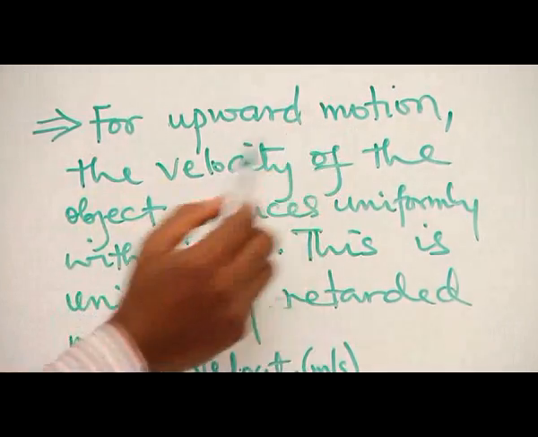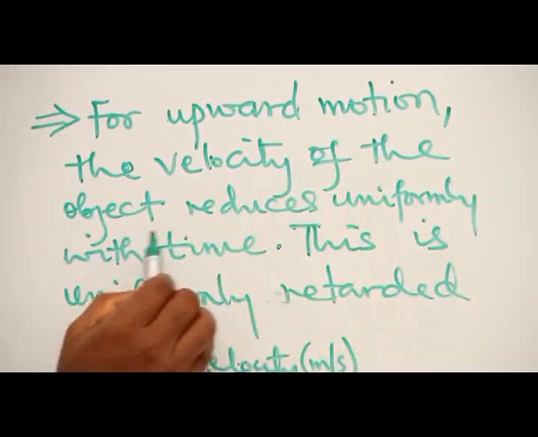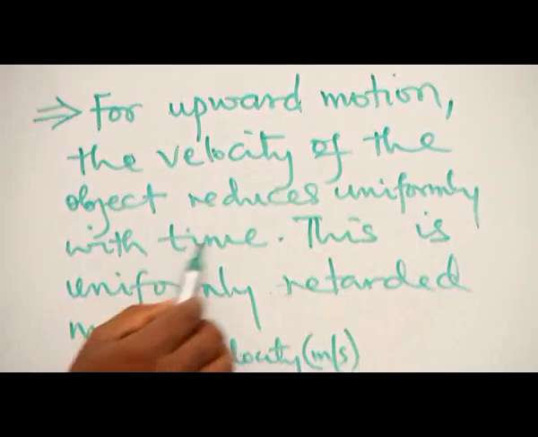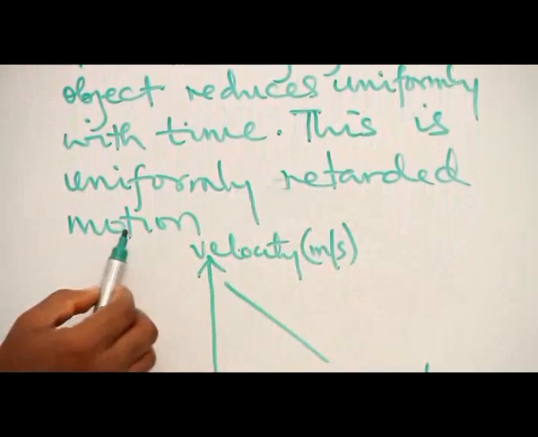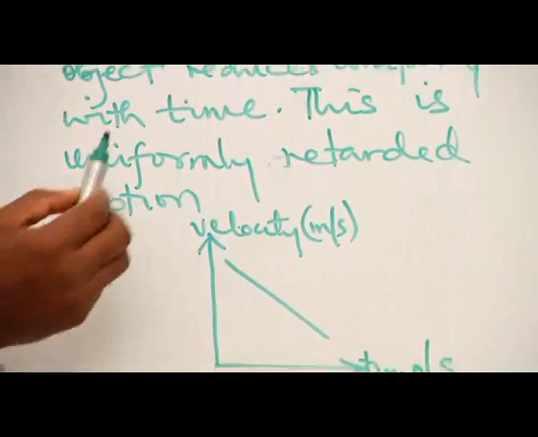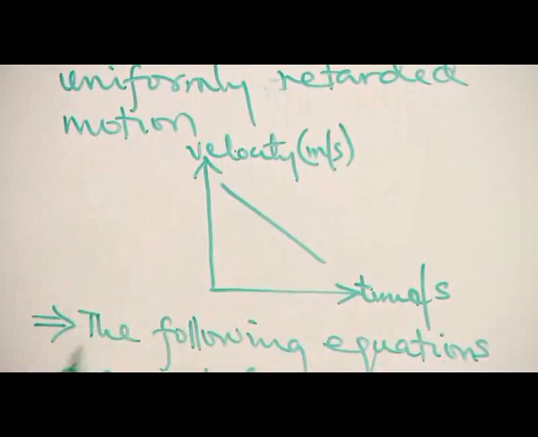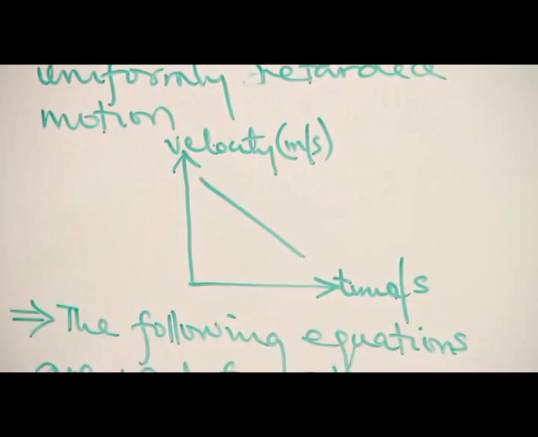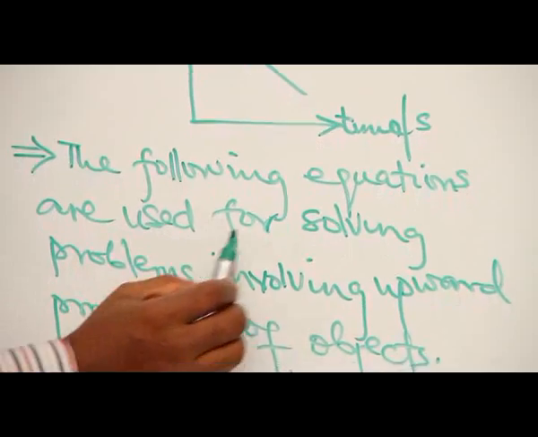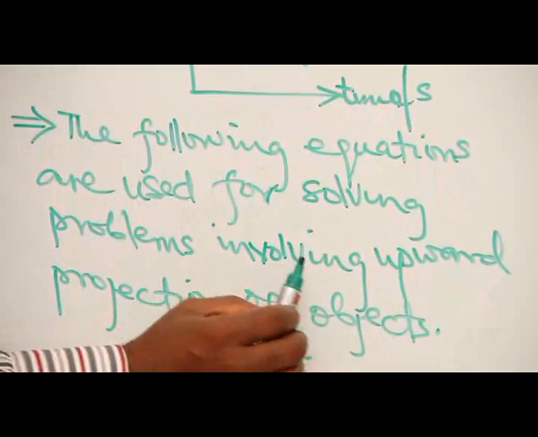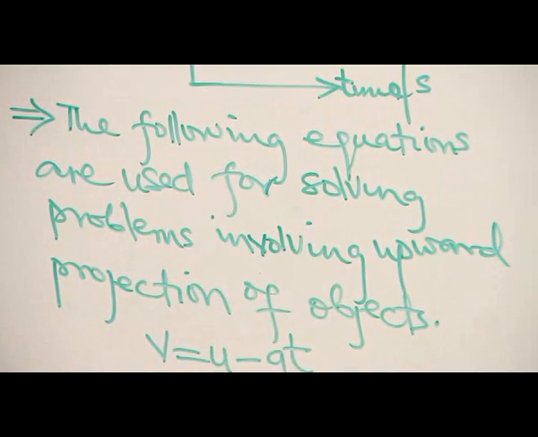For upward motion, the velocity of the object reduces uniformly with time. This is uniformly retarded motion. Such movement is represented graphically by this velocity time graph showing uniform retardation. The following equations are used for solving problems involving upward projection of objects.